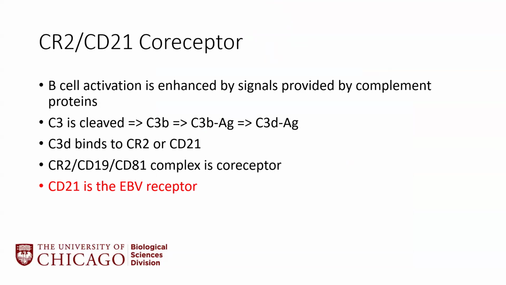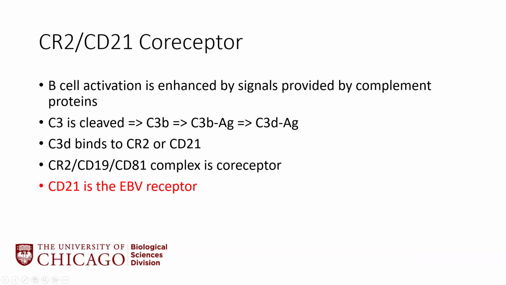Okay, there is also a CR2, CD21 co-receptor. So recognize CD21, when we check flow cytometry to look at the health of our cells, we check CD21 often. It's also known as complement receptor 2. So B cell activation is enhanced by signals provided by complement proteins.